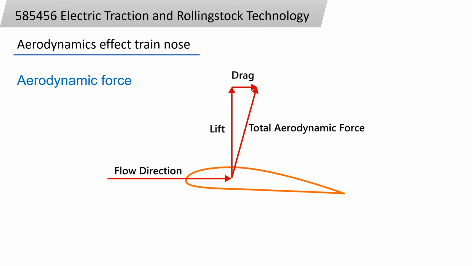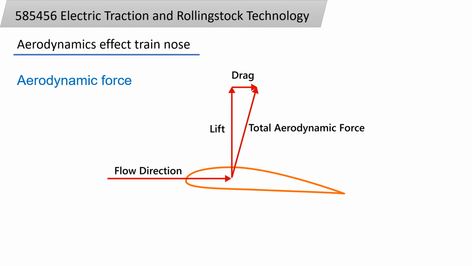The airfoil acts as the train moving forward to the left, and the flow direction of the fluid is to the right. That generates lift, which is pointing up, and the drag, in the opposite direction of the motion of the train.